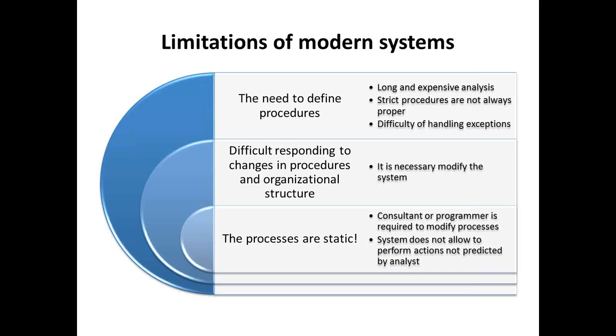The process becomes static, and it's difficult to modify the system. And reality is changing, and you need to make changes to the system to follow it. And usually it takes additional money because you need to pay for consultants and programmers who can make changes.